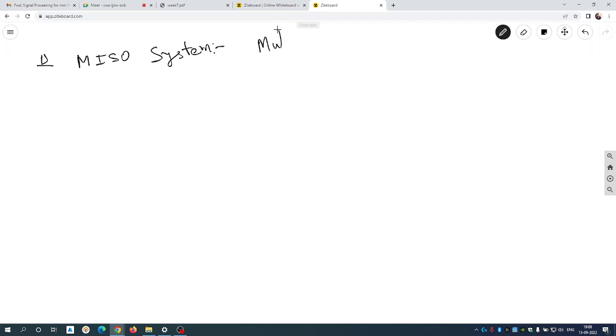This is multiple input and single output. So for a MISO system, the structure will be like this. This is the first antenna, this the second antenna, third antenna, and there is one receiver antenna here.